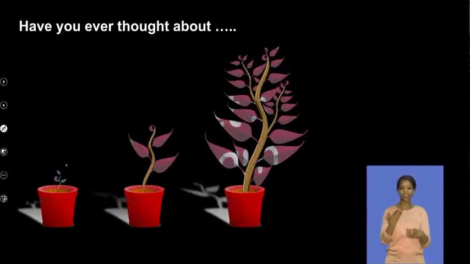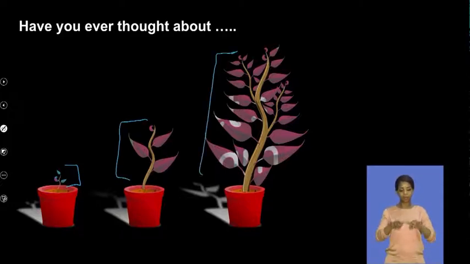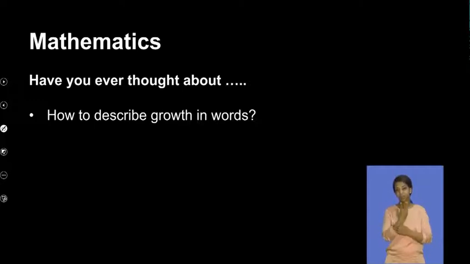Initially, this is what I have as my plant there. Then over time, my plant goes to that point, and over time, my plant goes to that point. So you can see that there is a change in the plant that I have here. And that's one example of what growth would mean in this context.